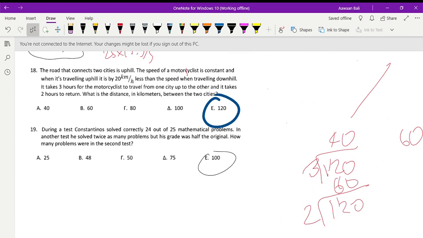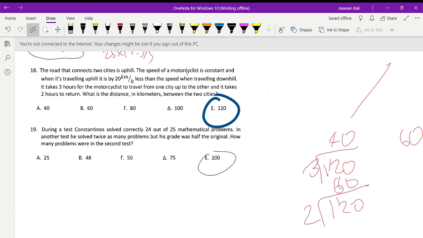You can check it. So basically, it's saying that when it's going uphill, the speed is 40 kilometers per hour, and that means it has to take 3 hours, since 40 times 3 is 120. When it's going down, however, we know the speed is 60 kilometers per hour, so it has to take 2 hours.